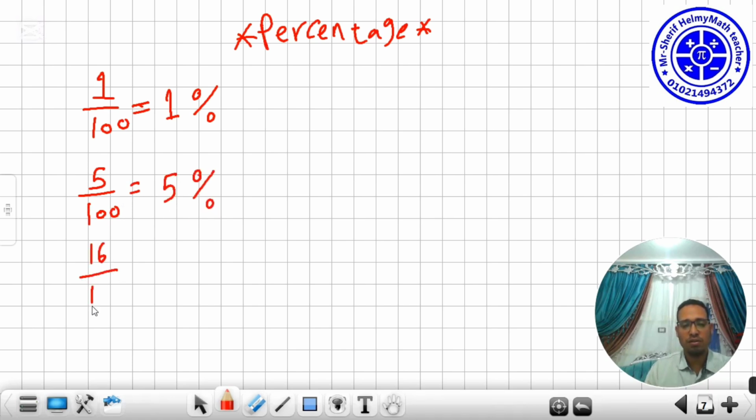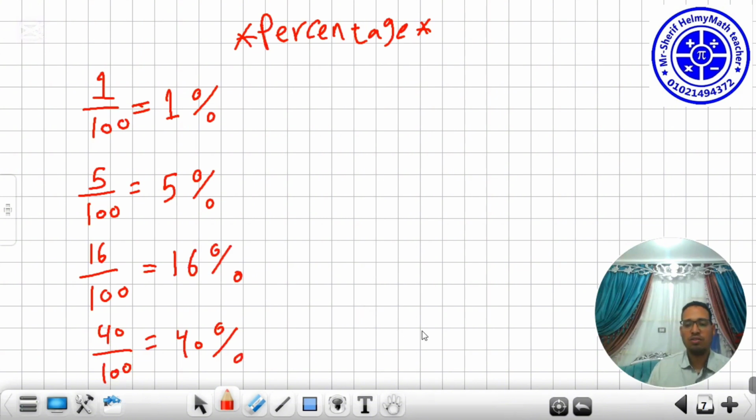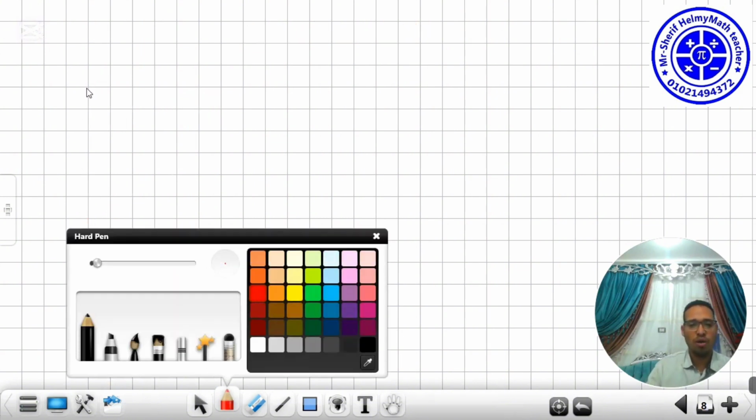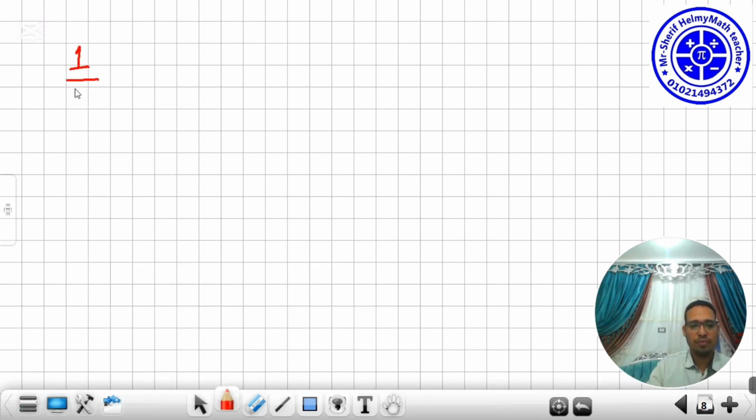16 over 100, this is the fraction form. The percentage form will be 16%. What about 40 over 100? It will be 40%, and so on. What about if we have a fraction like 1 over 10, for example, and we need to convert this fraction to percentage?